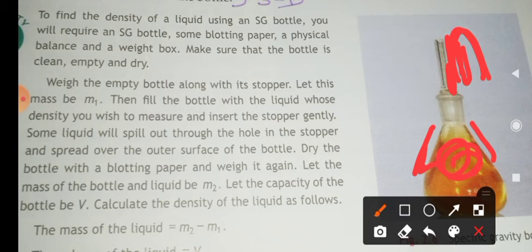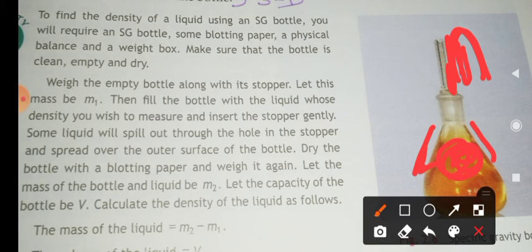It is exactly equal to the capacity of the bottle. You understood? The volume of the liquid inside the bottle is exactly equal to the volume printed on the outside, either 50 cc or 25 cc.